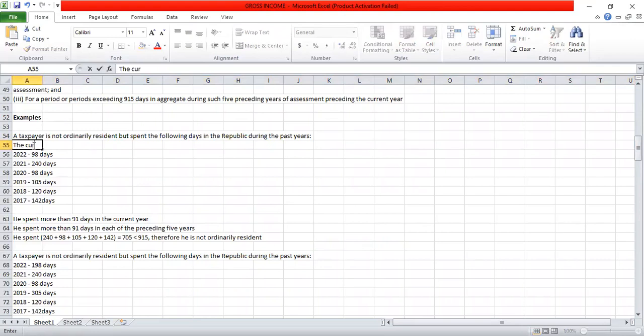The current year of assessment ends on 28 February 2022. Right. So number one, in 2022, you were in South Africa for 98 days.